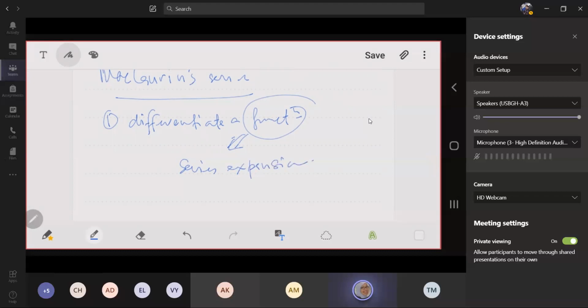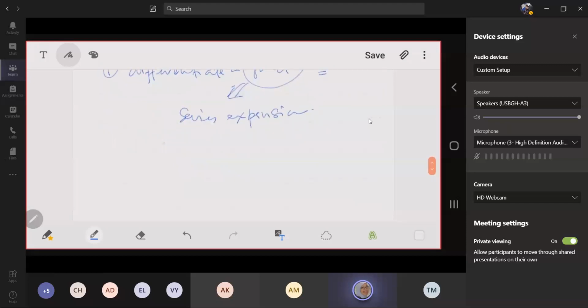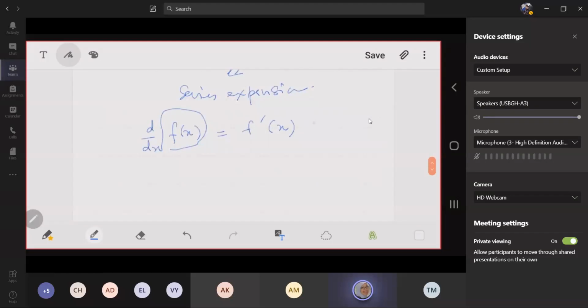So then you differentiate the function, d by dx of f of x, you get f prime of x. You know the series expansion of this. Then you get the integral of this. So if you integrate this one, you will get that, isn't it?